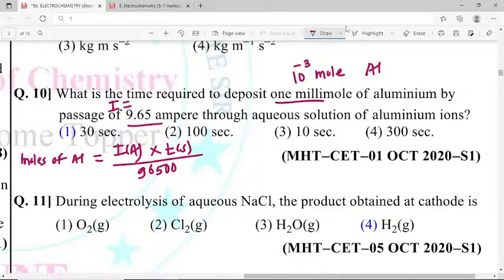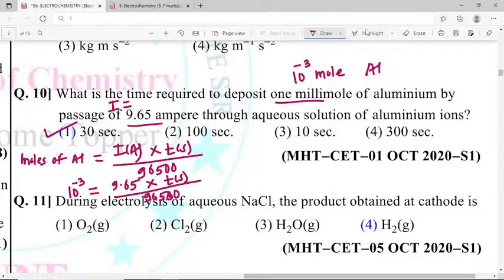So 10 to the power minus 3 is equal to 9.65 multiplied by time in seconds, this whole divided by 96500 coulomb. If you solve this, you will get the answer 30 seconds.